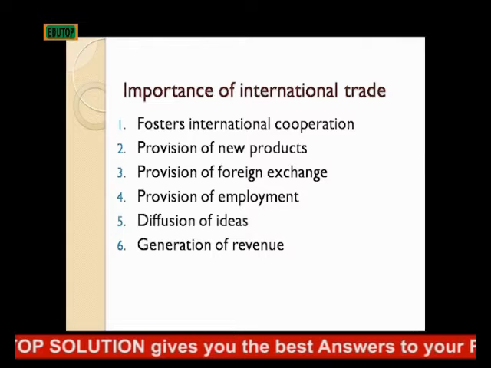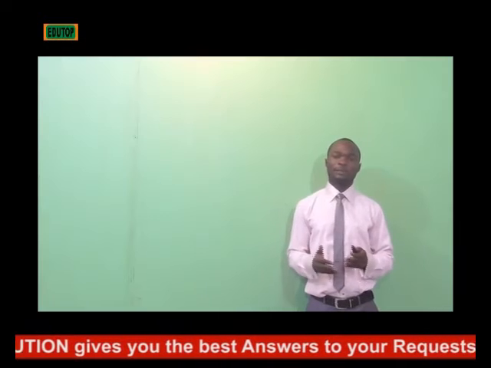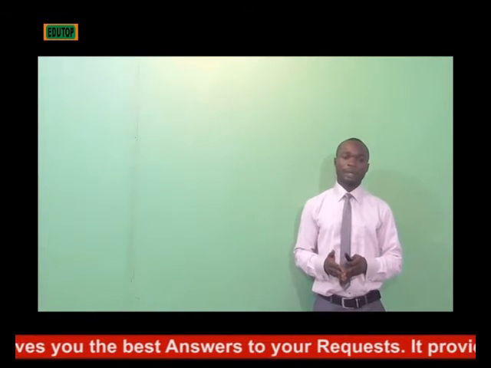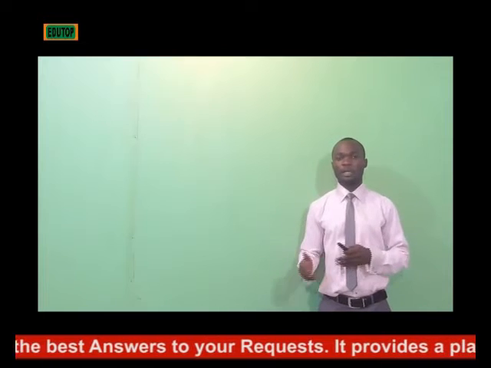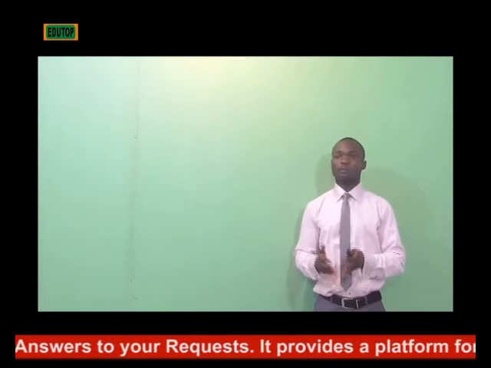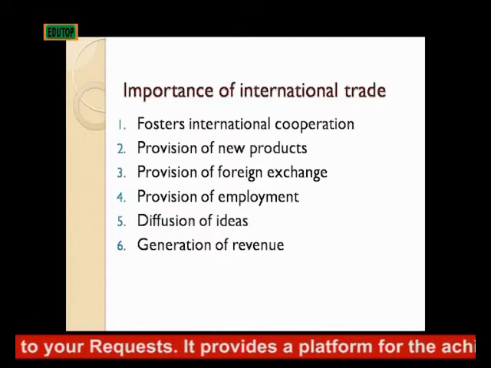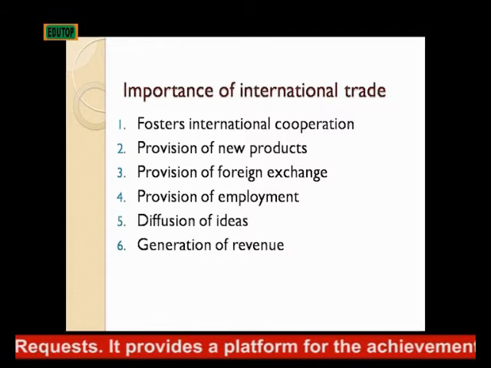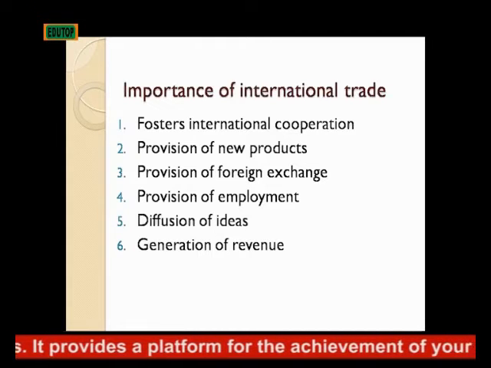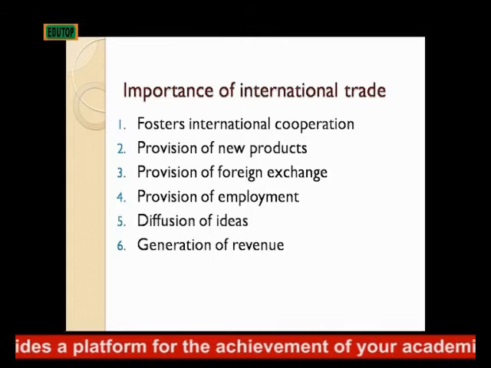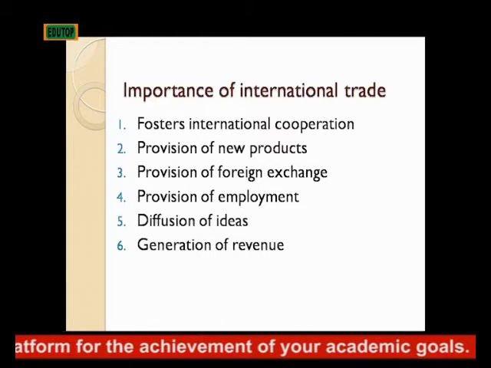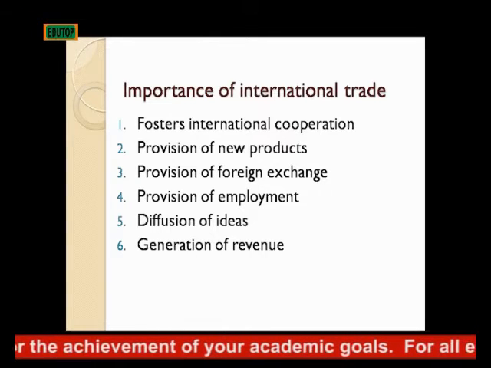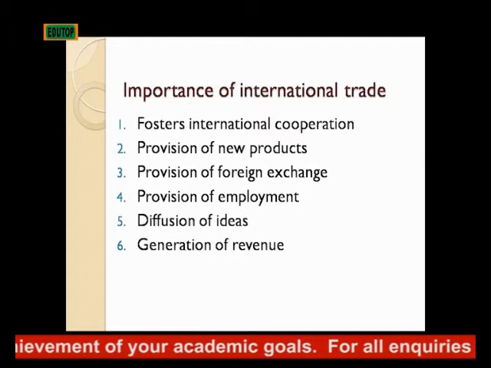Now there's diffusion of ideas. Ideas are transferred from one area to the other as a result of trade. Now there is generation of revenue. Governments generate revenue through international trade, and these are some of the importance of international trade.